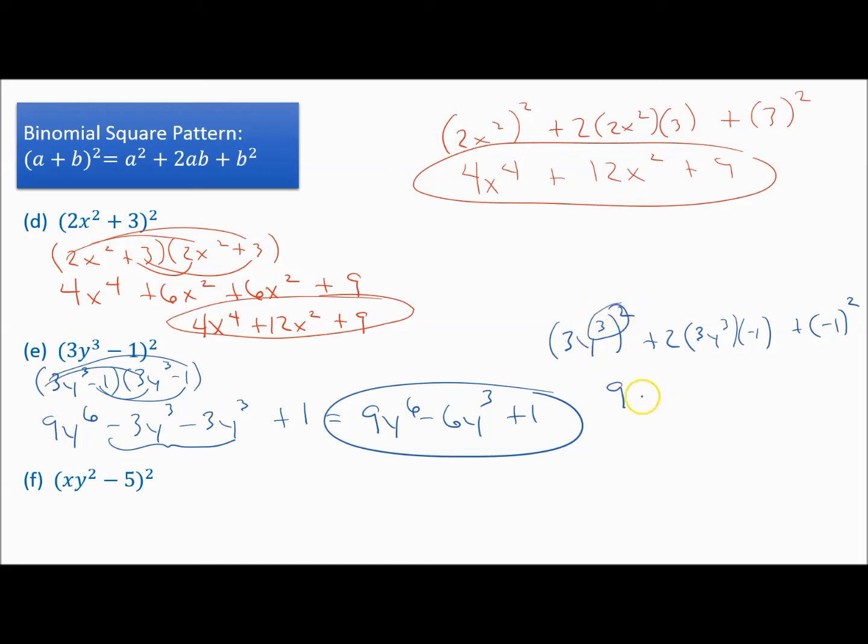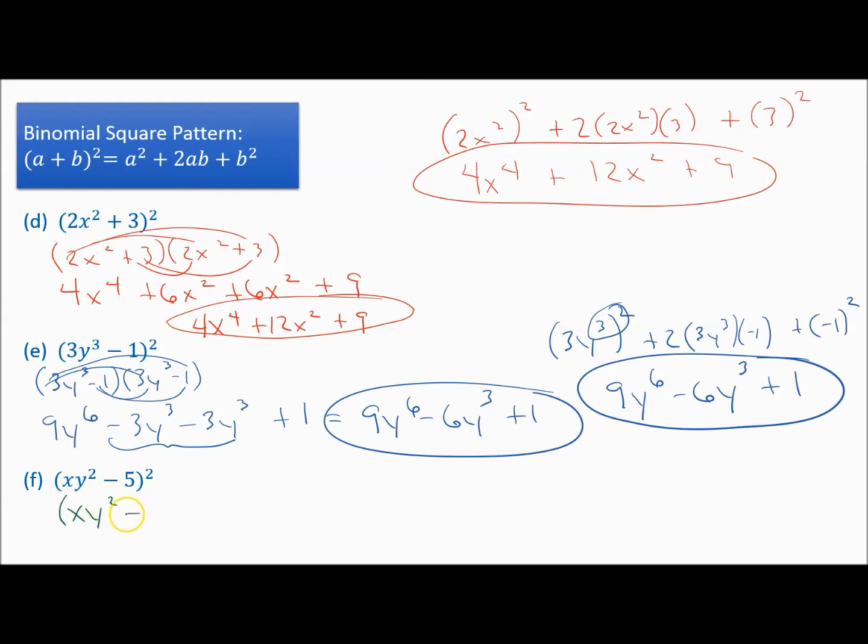When I multiply power to a power right there, I get 6. And then 2 times 3 is 6 times negative 1 is negative 6y to the 3rd. And then plus negative 1 squared is plus 1. Finally, again, you do not have to do these both ways. I'm doing them both ways so you can see that you get the same result and you pick your favorite method.